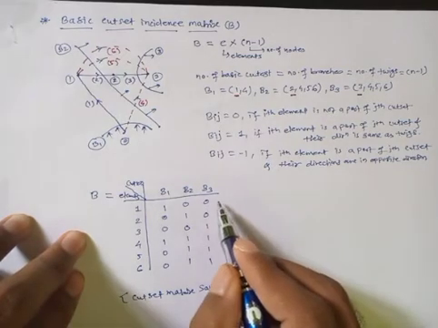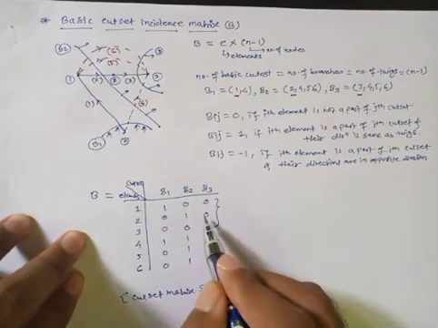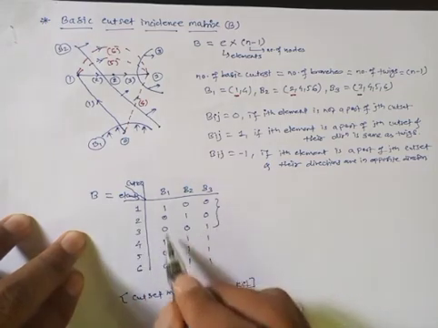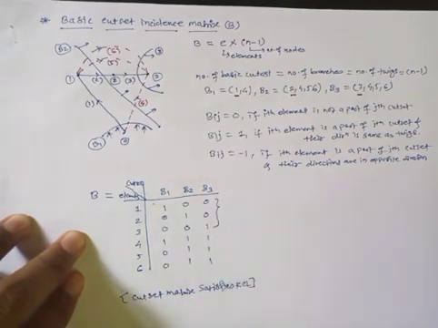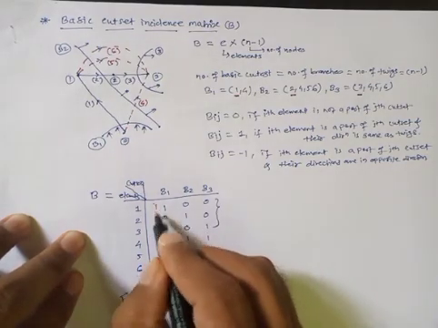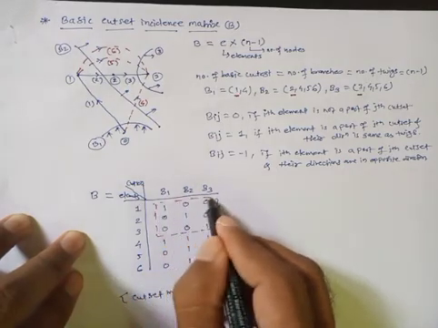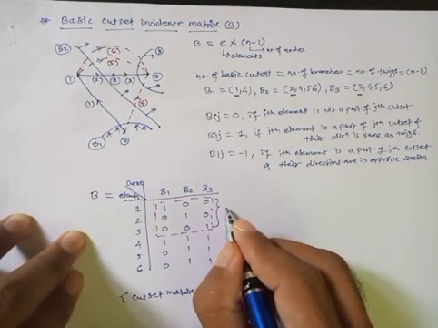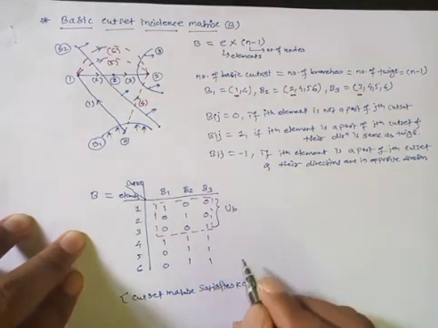Now this particular part of matrix B corresponds to branches 1, 2, 3. You can see this part is just like a unity matrix, and since it corresponds to the branches, we will call it U, so UB.